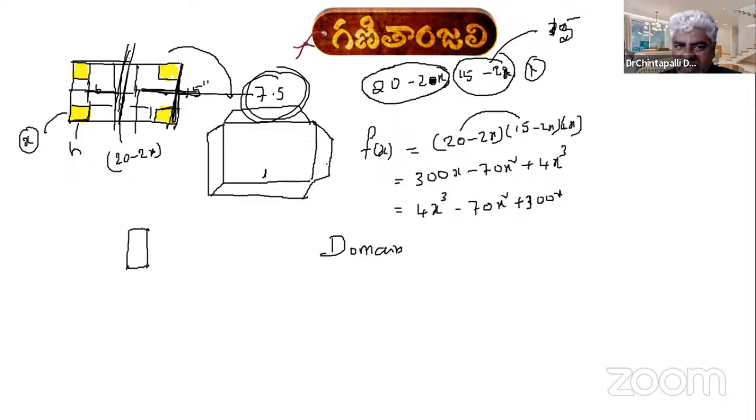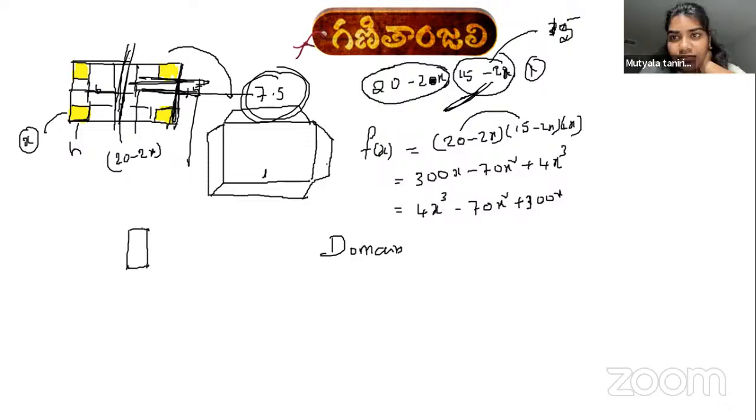If you cut 10 inches from the corner after 15, it becomes like this. So anyhow, it is not possible to make a box if x is equal to 7.5, because it becomes 0. Then the volume is equal to 0, which means no such box is made.